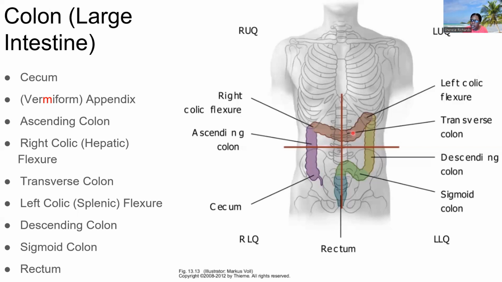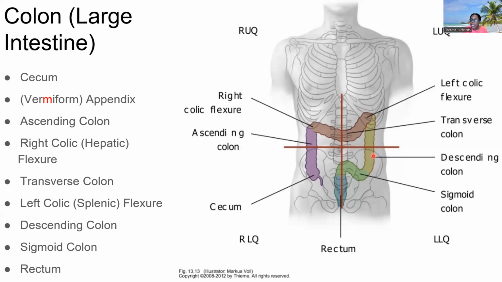And then we have the transverse colon, which runs across the abdomen, going from right to left in terms of the flow of contents. This ends in the left colic flexure, also referred to as the splenic flexure. This is where the transverse colon takes the turn to become the descending colon.